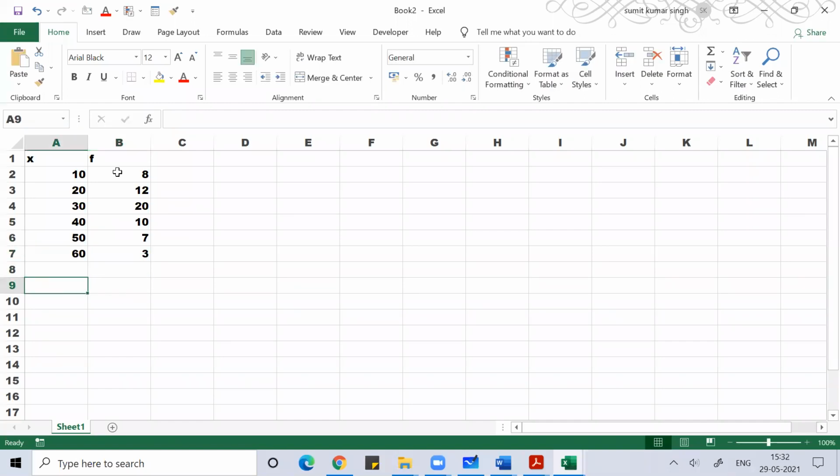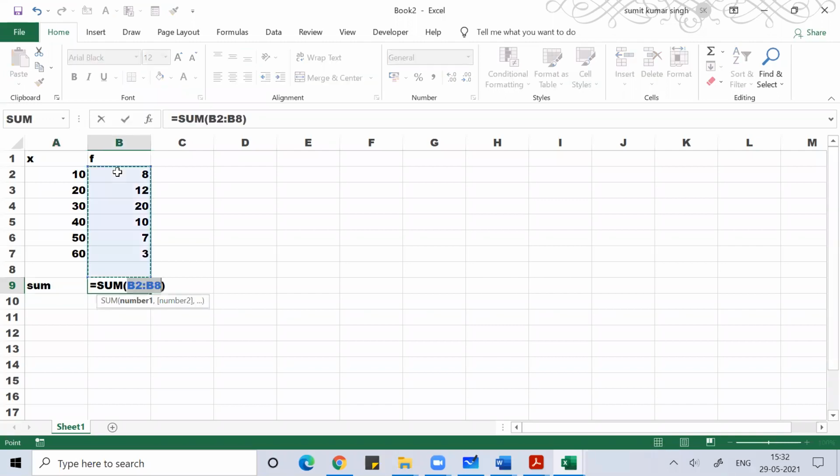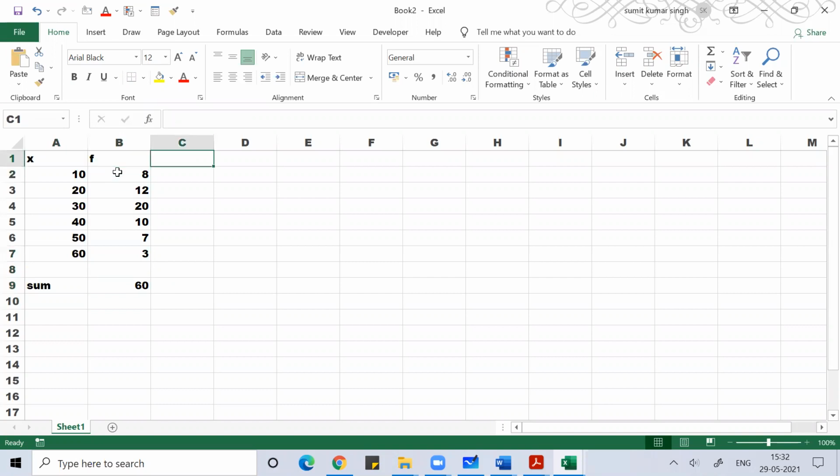Sum of f is 60. Then fx is x multiplied by f.